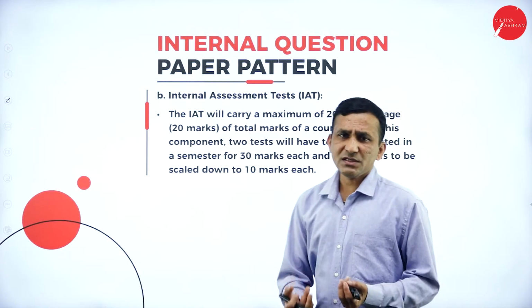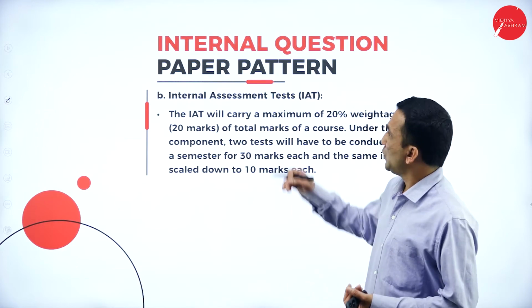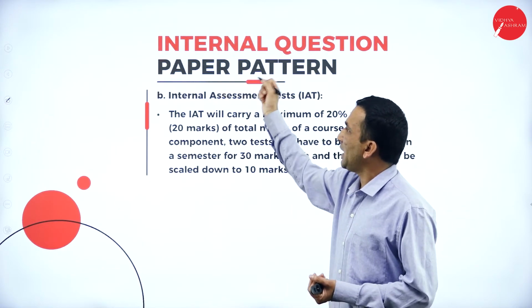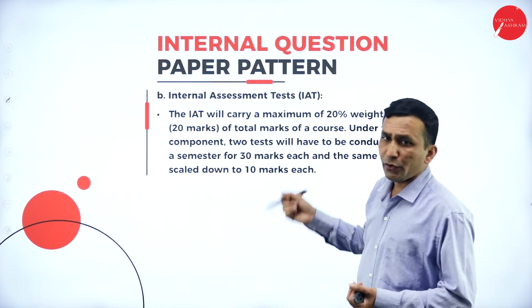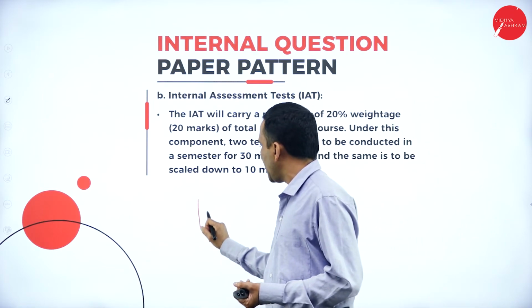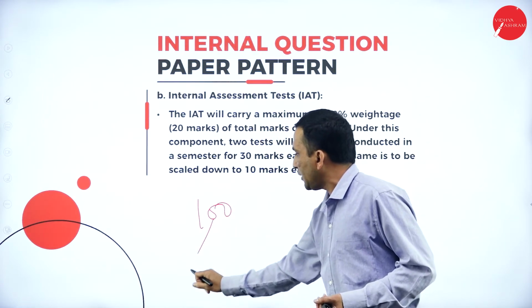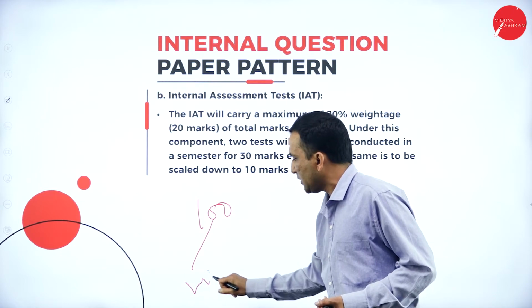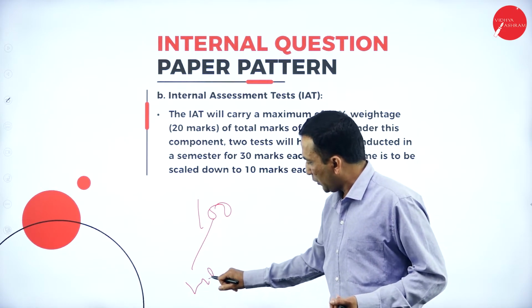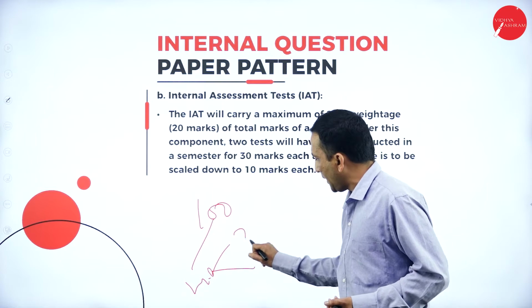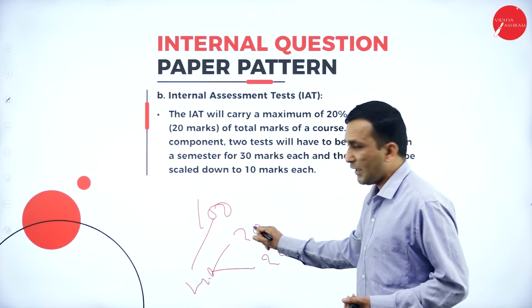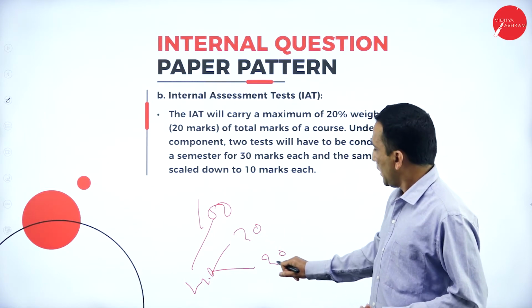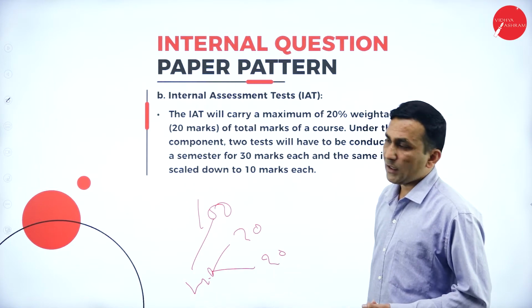Now, obviously you need to know the internal question paper pattern, how it is set. I told you the total marks for the paper is 100. Internal assessment is 40%, so there are two components: 20 marks for continuous evaluation and 20 marks for internal assessment.